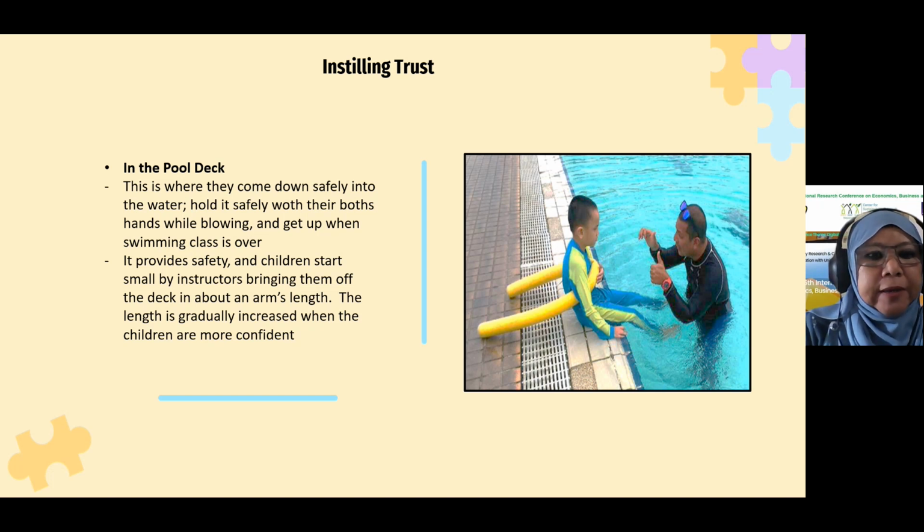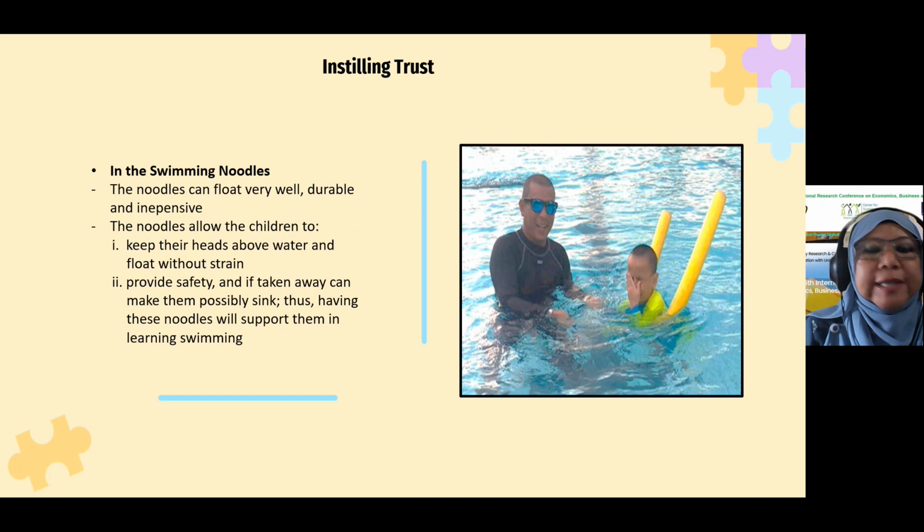Now next, to instill trust in the swimming noodles. The yellow tube there is what we call a swimming noodle. The noodles float very well. It's durable and also inexpensive, about 50 or 60 ringgit. The noodles can allow the children to keep their heads above water and float without strain.